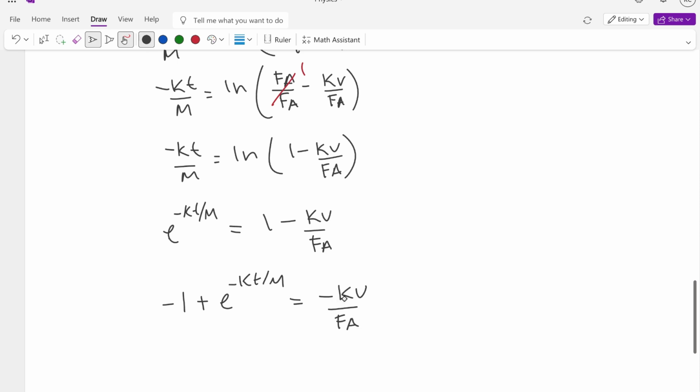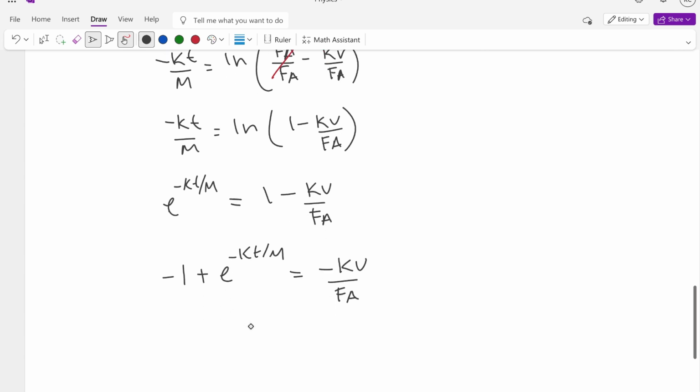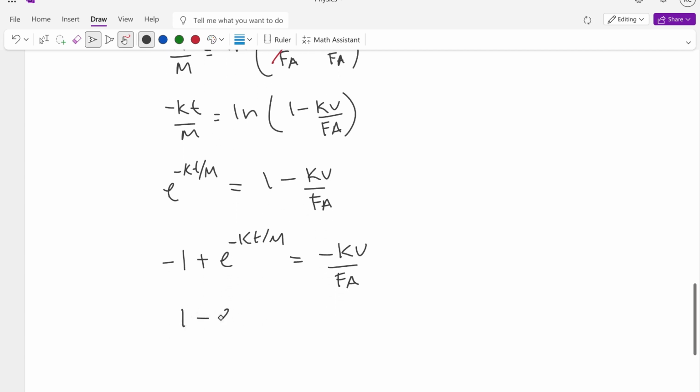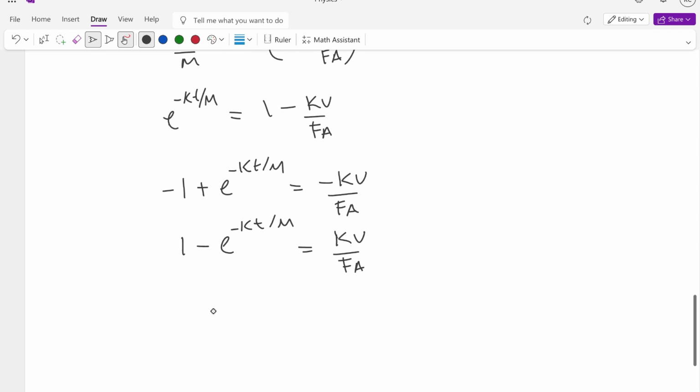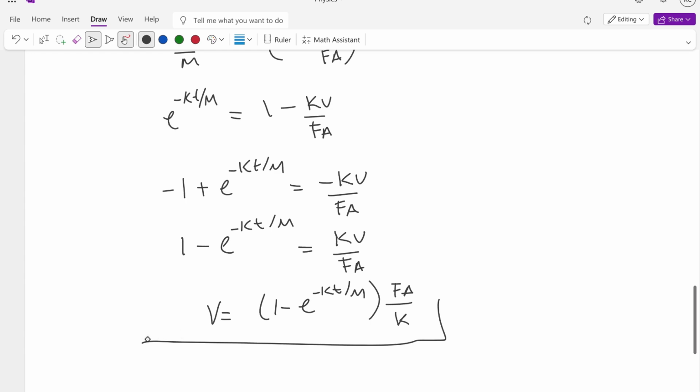Now I can divide both sides by negative 1, which gives me the positive versions: 1 minus e to the negative kt over m is equal to kv over f sub a. Then I multiply by the reciprocal, so v is equal to 1 minus e to the negative kt over m, multiplied by f sub a over k, and that's part D.